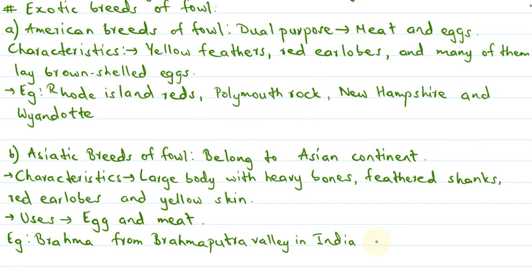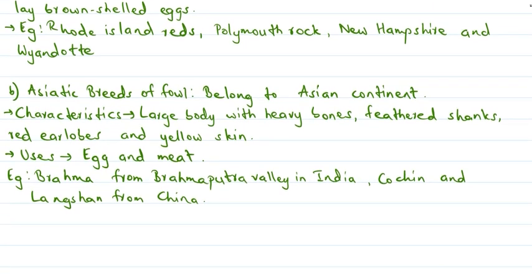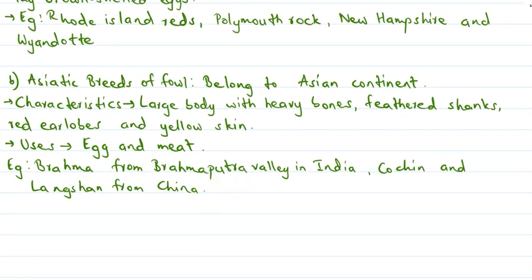Cochin, which can be seen in Cochin, and the other is Langshan from China. These varieties are from the Asian continent.